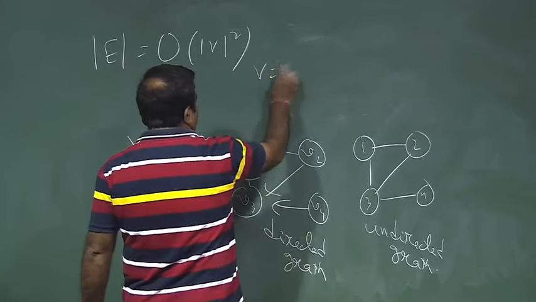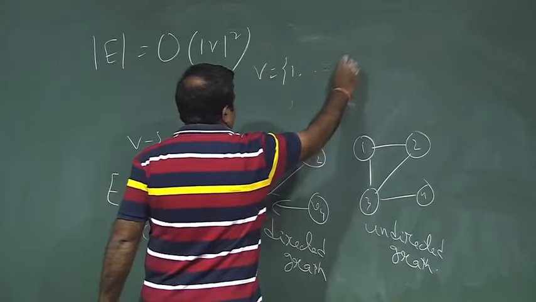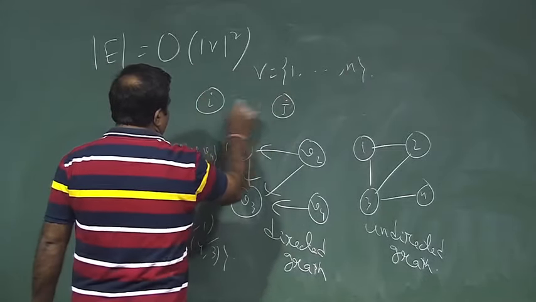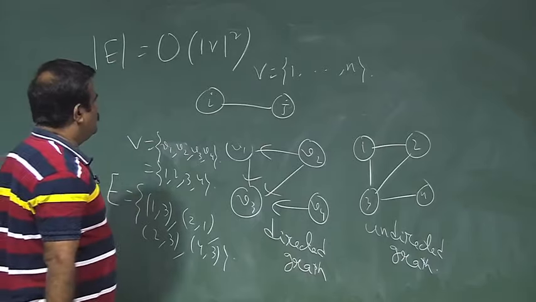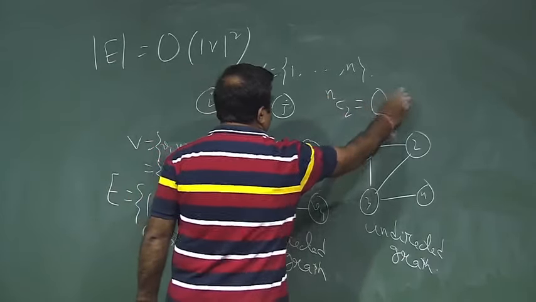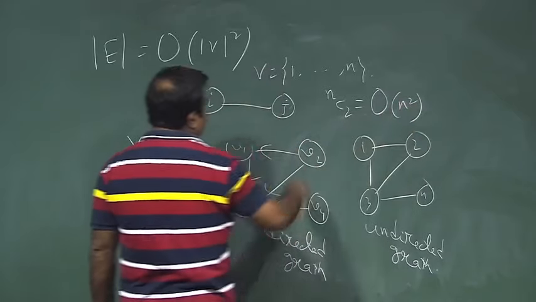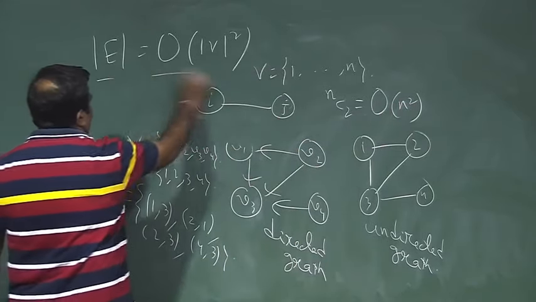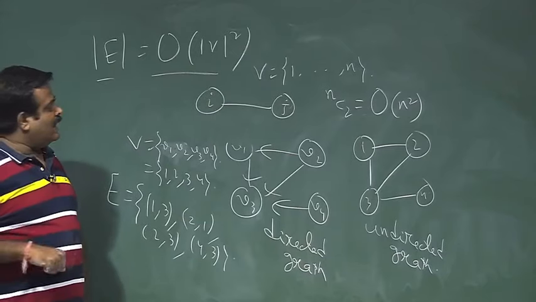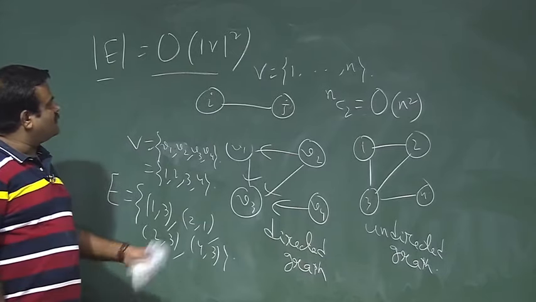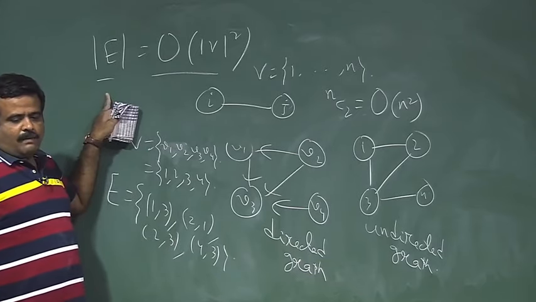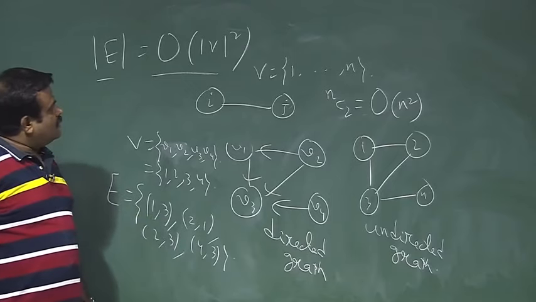If we have vertices V1, V2, up to Vn, and we take any two vertices i and j with an edge, then there will be n C 2 edges, which is order of n square. So that's why the number of edges is upper bounded by order of n square, for a complete graph.